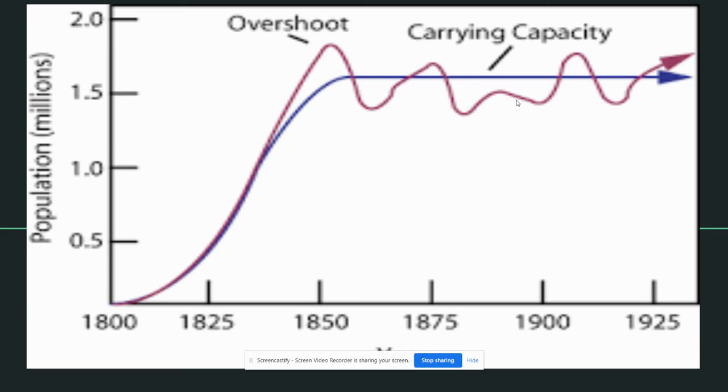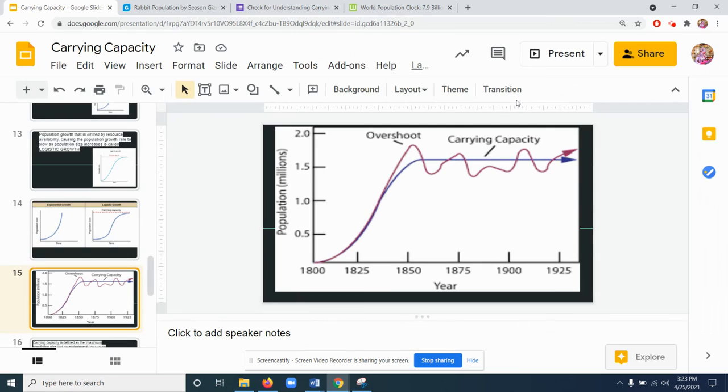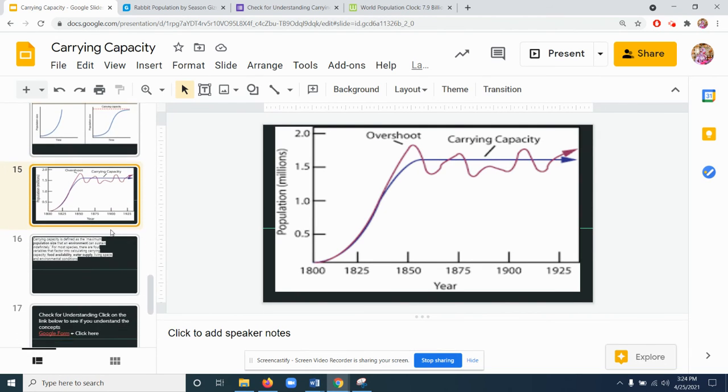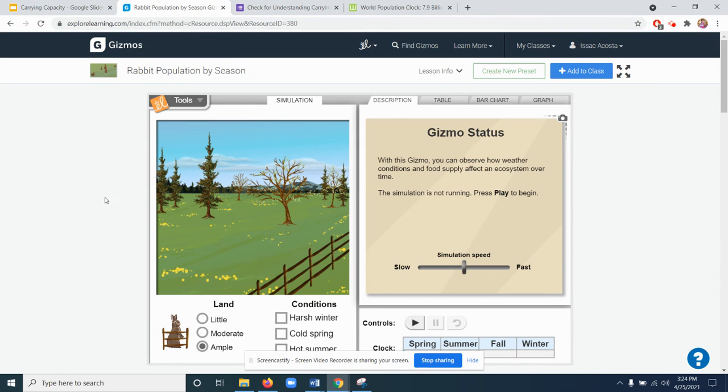And you're going to be looking at this in a Gizmo, which I'm going to talk about right now. One of the things that you need to understand is that carrying capacity can be influenced, and you can change it. One of them is by changing the amount of space. So in class, we're going to look at this. We're going to practice using it, and then you're going to eventually use it for an assignment.